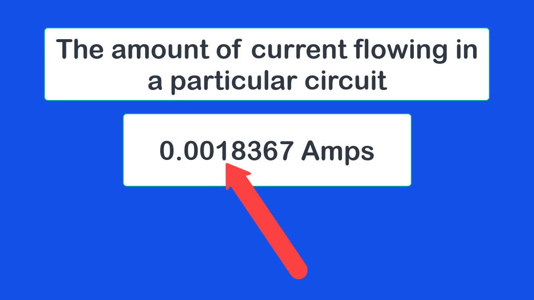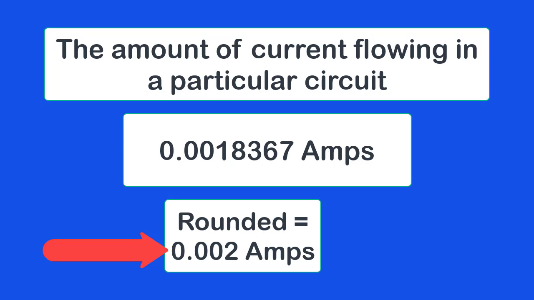So rounding to the nearest thousandth, we get 0.002. So when we use Ohm's law for this problem, we would generally use the number 0.002 for the number of amps. Note, some scientists and engineers may use all the digits to get a more accurate answer when it was needed.